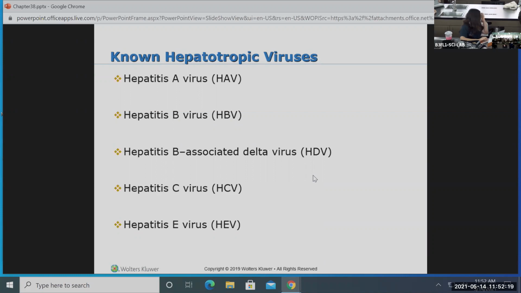We can prevent hepatitis B by vaccination. But once you have the hepatitis B virus, there is no cure, and also none for C. But you can prevent it before it happens by vaccination. Now, hepatitis B vaccine is mandatory also.